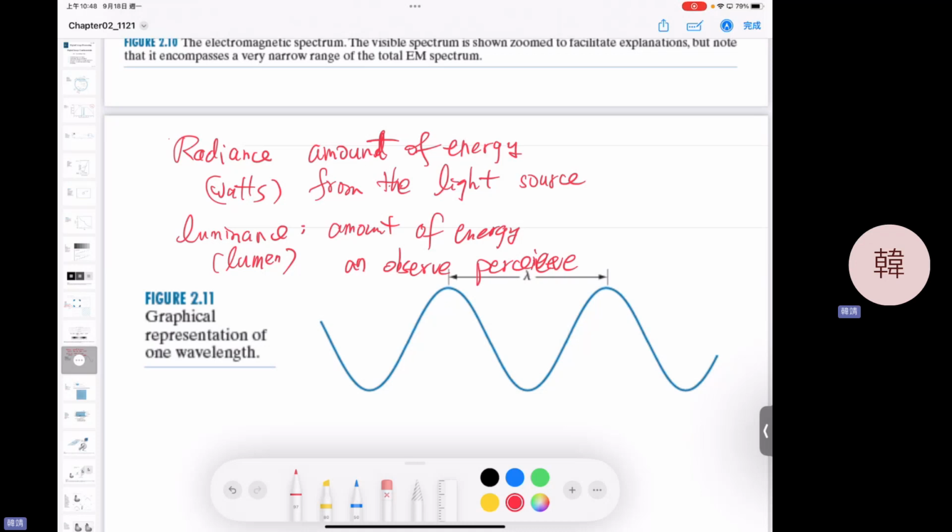Your visible band is a very small band, with different wavelengths and different frequencies. We can observe them, but in the air there are a lot of others, like microwave and radio wave around you, but you cannot see them. Only this kind of wave within the visual band, you can see. And we have two basic quantities, illuminance and radiance, or luminance, in the air.